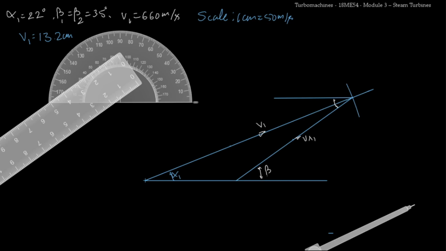So this is beta 1, which is 35 degree, and this will also be beta 1. So now I'll complete this. From this point I'll draw a vertical line and I'll extend this horizontal line over here. So this is my VF1. Now I need to complete this. So if I measure the distance from here till here, that will be our U.